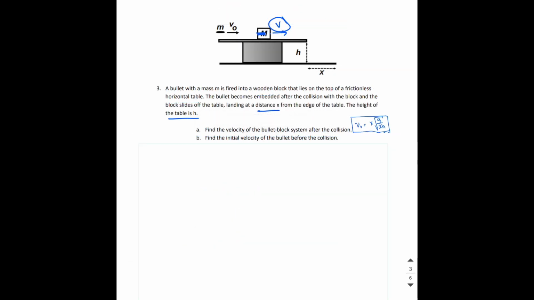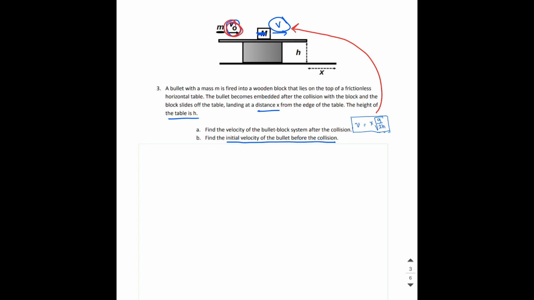So for part B, I'm finding the initial velocity of the bullet before the collision. I'm solving for, let me use a different color, for this v naught, and I should change this guy here so that I don't use the same notation. This is the final velocity once I collide. So that's the equation for that.